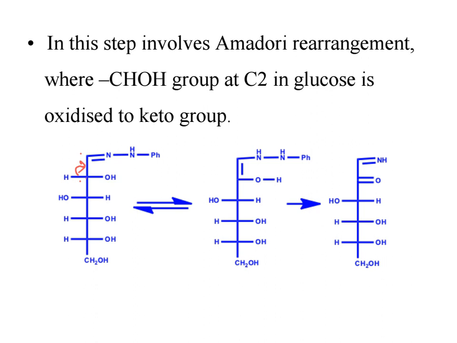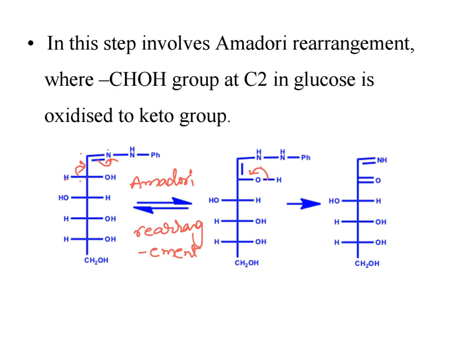As a result, the carbon-carbon forms a double bond, and these electrons are polarized towards the highly electronegative nitrogen side. Then this hydrogen migrates onto nitrogen. This rearrangement we call the Amadori rearrangement. After this rearrangement, it is an enol form.